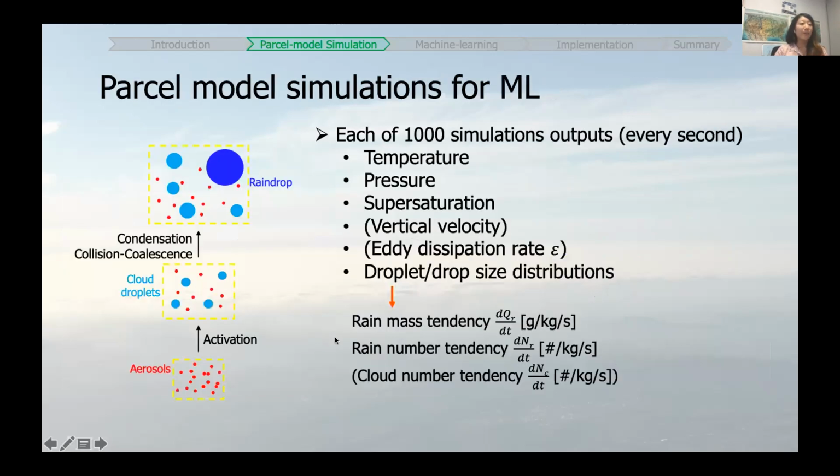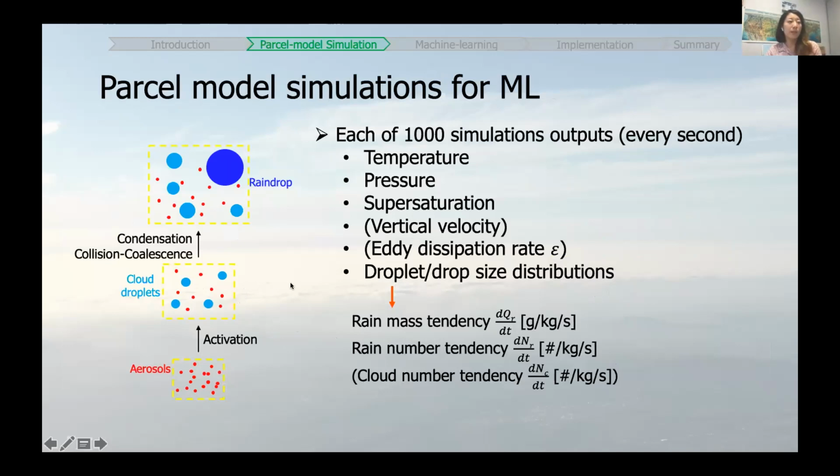So I ran 1,000 of these simulations, and each of those simulations output temperature, pressure, supersaturation, vertical velocity, and eddy dissipation. Those ones in the brackets were constant throughout the simulations, and most importantly, droplet size distributions.